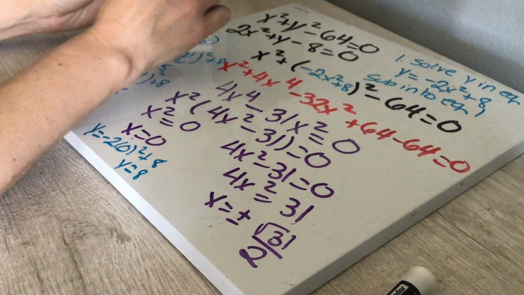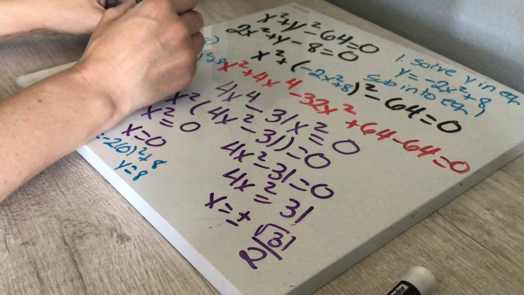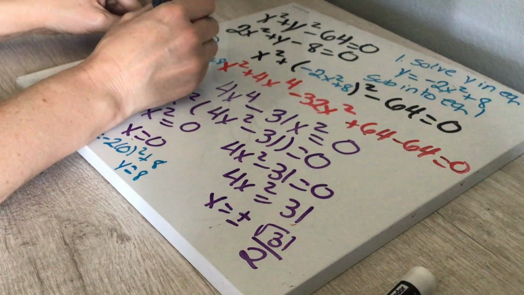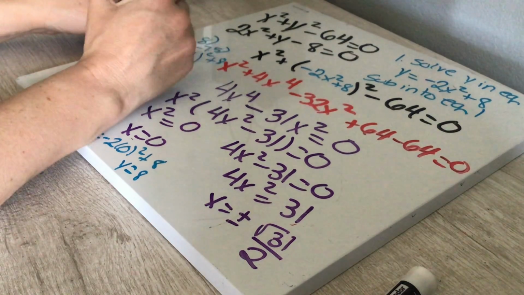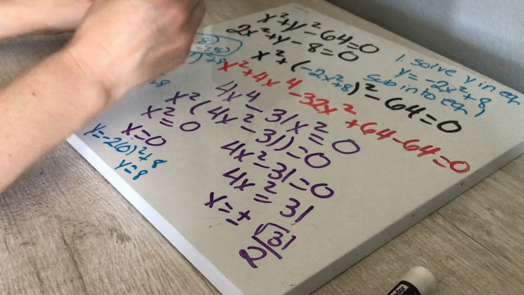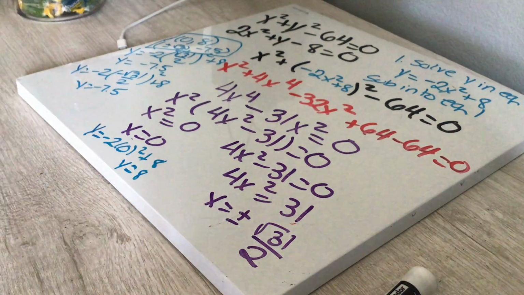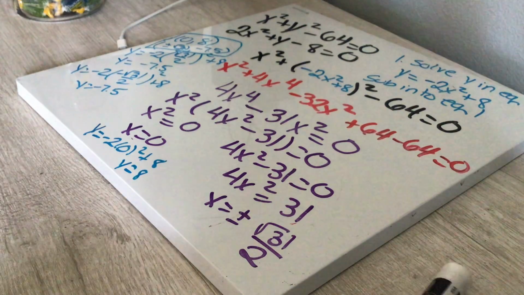So my points of intersection would be 0, 8, and plus or minus the square root of 31 over 2, negative 7.5. I think in your notes I put them both as decimals. That's okay. Just write it as a simplified radical.